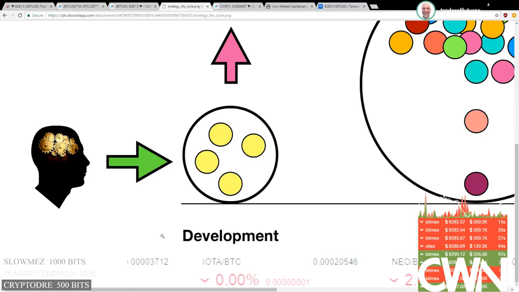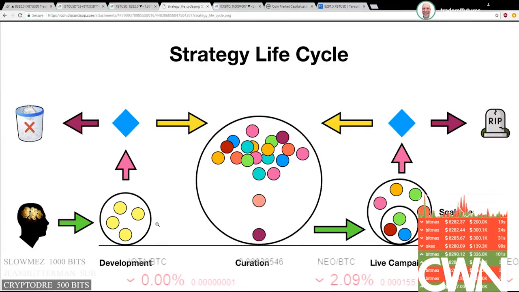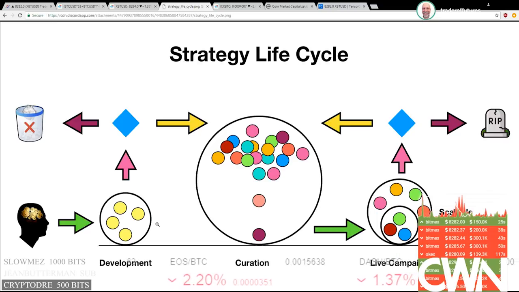From an automated trader's point of view, which would be very much like any kind of systematic trader, you need to have a constant churning of strategies that you're considering. And I put them in something that I call the curation bin.